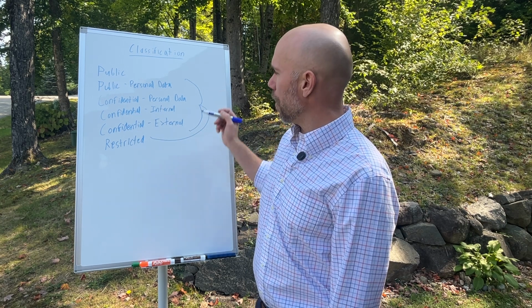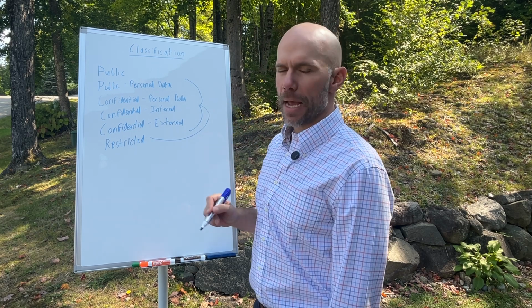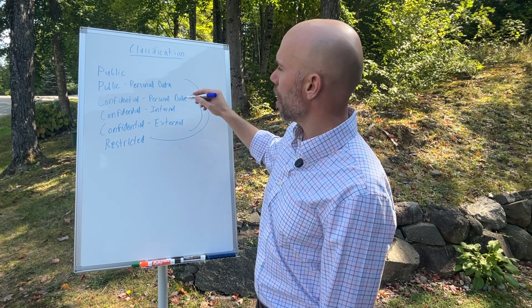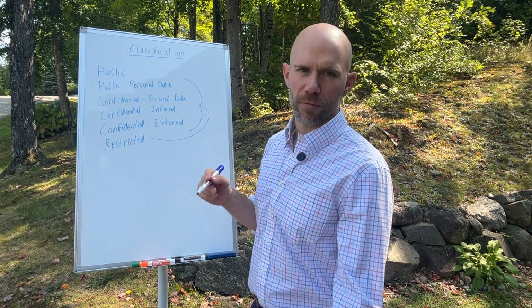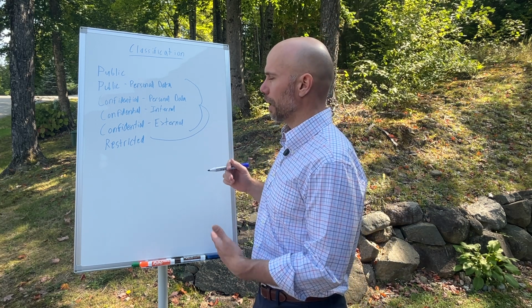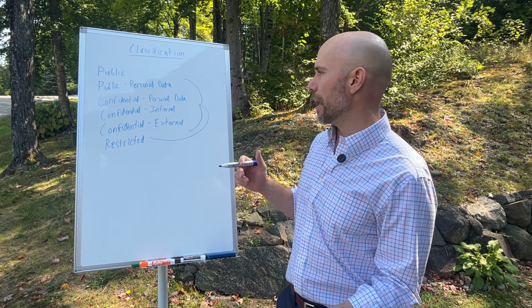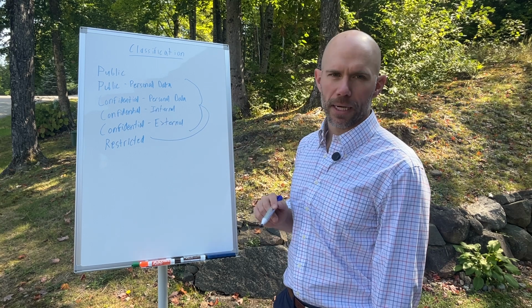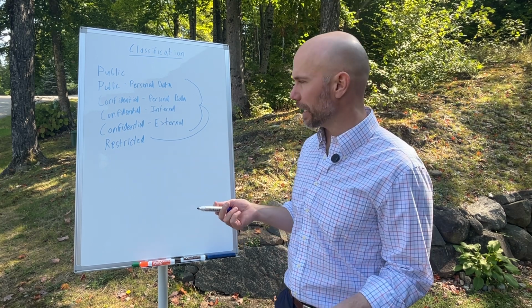And now within each category, you can even go deeper. You can say, under confidential personal data, you might want to separate out protected health information because that has different handling requirements under HIPAA than something like my social security number. And then under confidential internal data, you could separate out things like passwords or API keys.